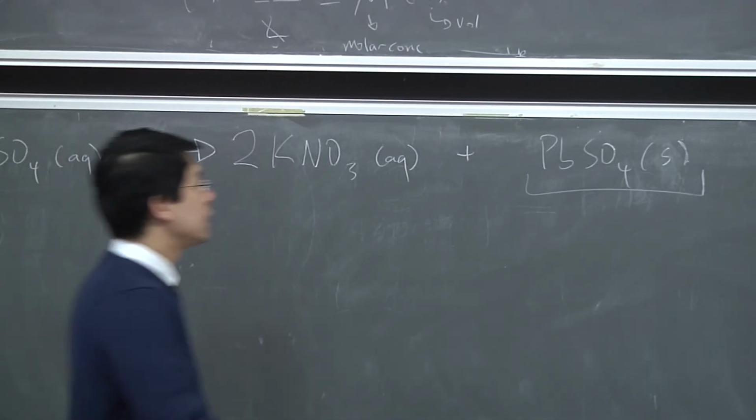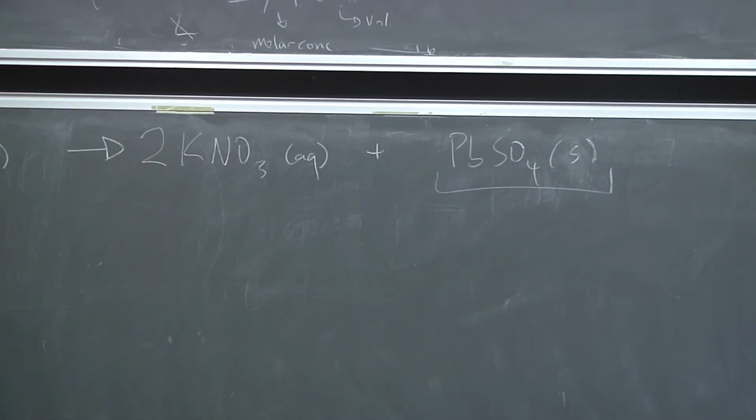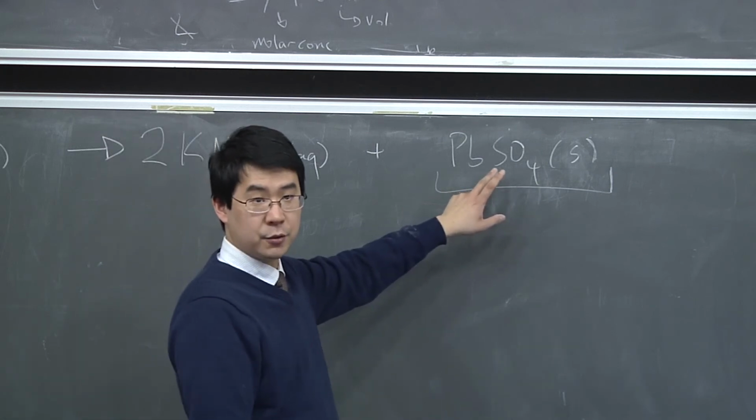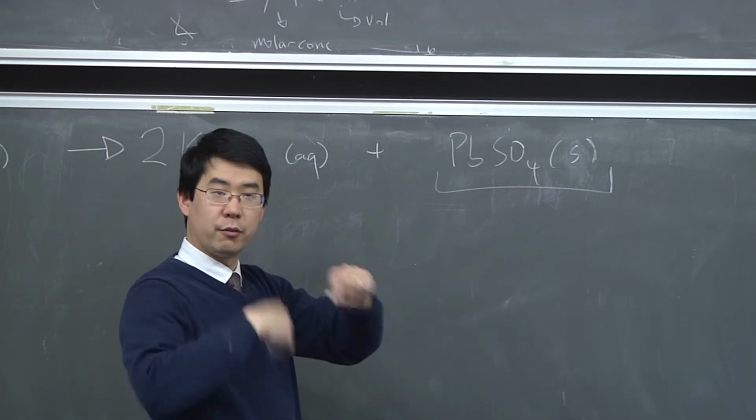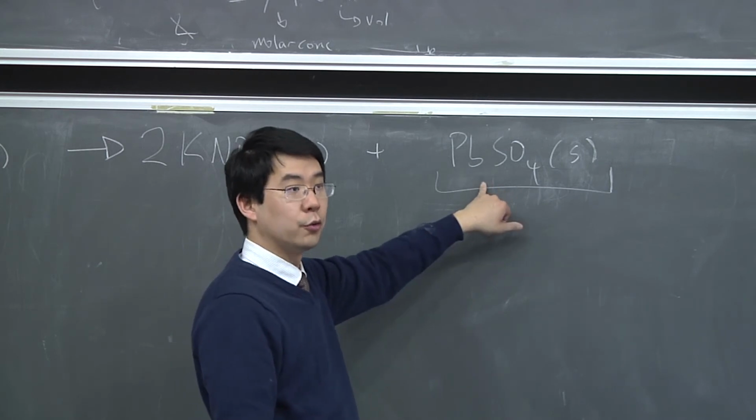So if we find a mass here, then we can use the molecular weight to find moles. If I have a mass in grams, so now I'm reaching back into chapter 3, I use the molar mass, I can find moles.